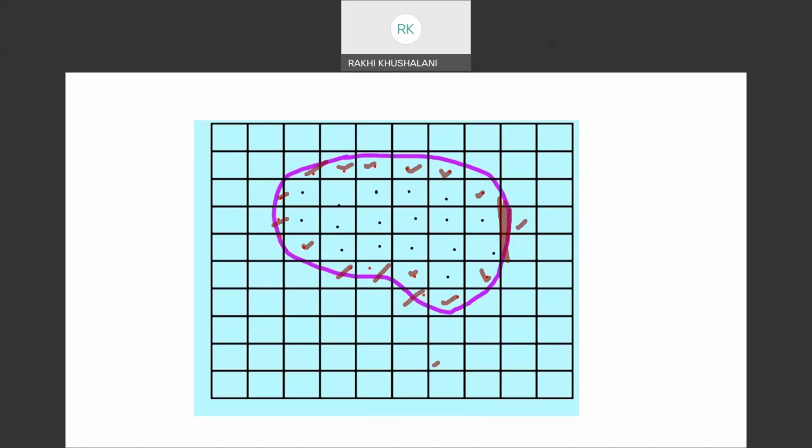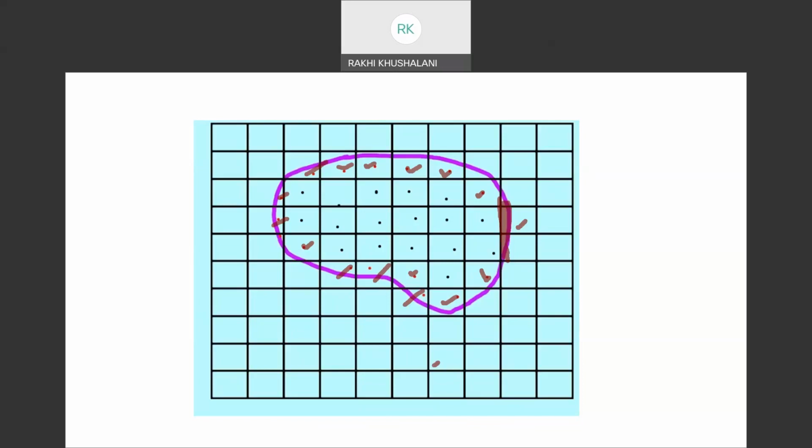Now there will be children who will not be considering this one, the shaded one that I showed, and they may get the answer as 30. So it will be absolutely correct. That means there will be a difference of half to 1 between all your answers, because we are considering it to be approximate.